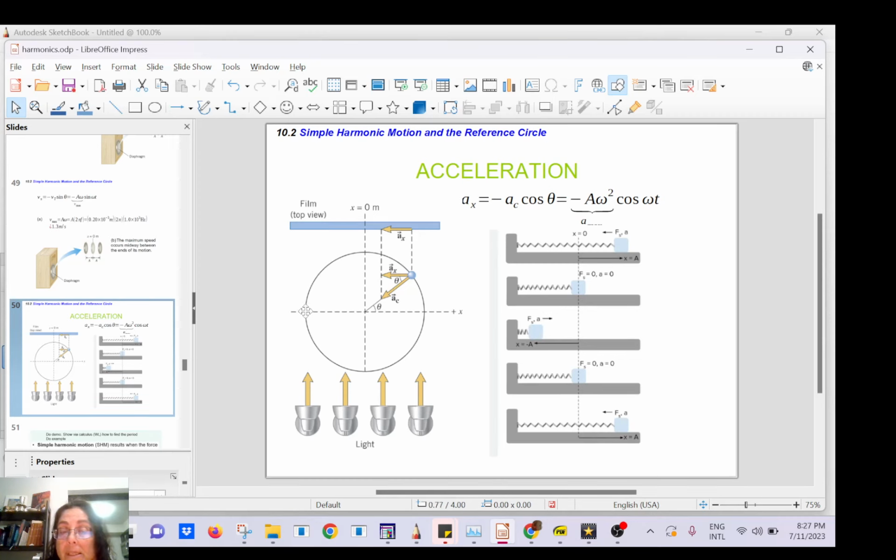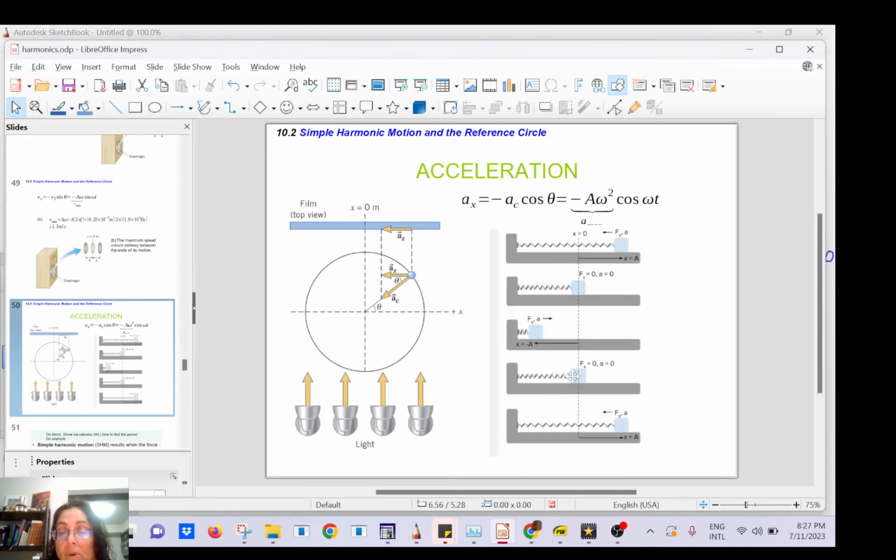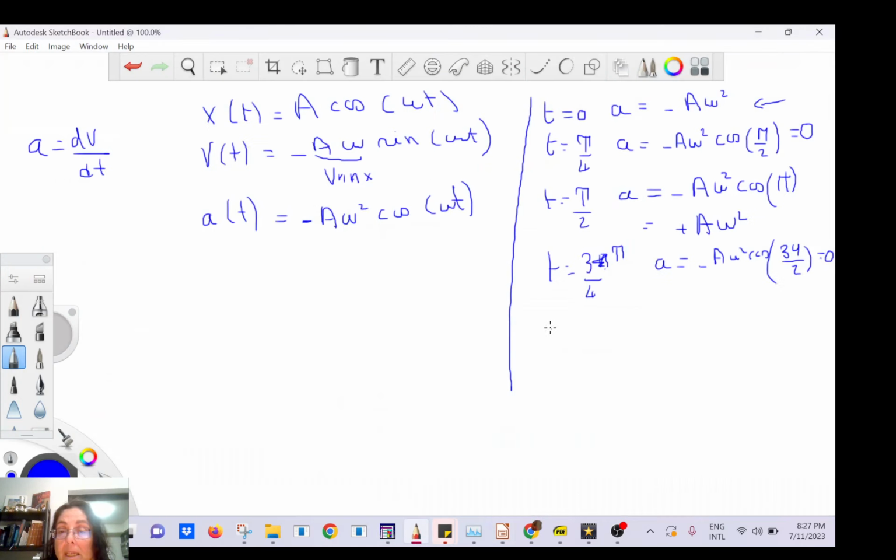So I am at that place here. Then going 3/4 of the period, the acceleration is going to be 0 again, because it's going to be cosine of 3 pi over 2, so that's going to be 0. So I am here. No acceleration, no restoring force because there is no stretch. And then at the period T, acceleration is again minus A omega squared.